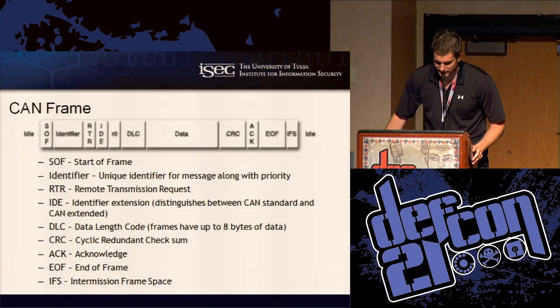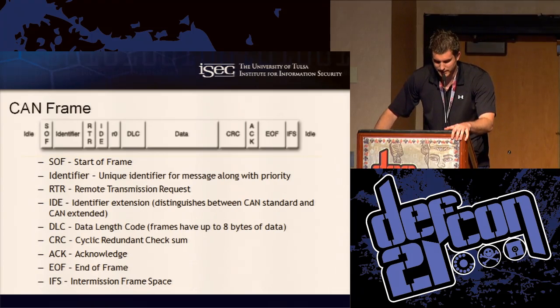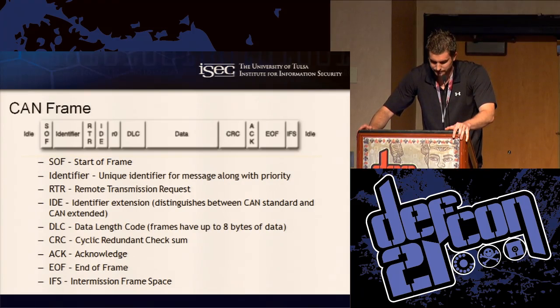Here's what a CAN frame looks like. With a CAN frame, the actual payload portion is limited to up to 8 bytes, which I thought was somewhat limited compared to something like Ethernet, which can be up to 1,500 bytes. One of the cool things about CAN is the way it handles arbitration.